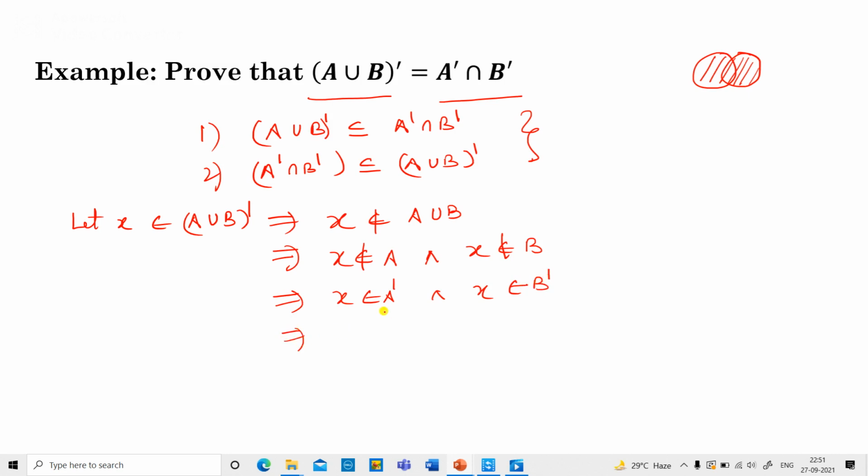Now look at this, X belongs to A' and X belongs to B' means X belongs to A' intersection B'. This is the right hand side.